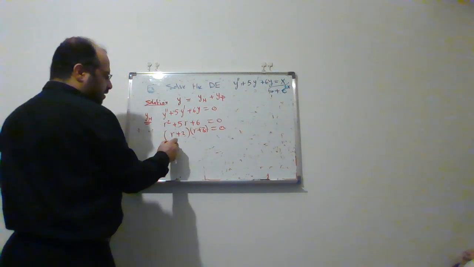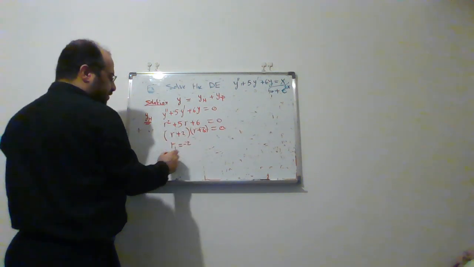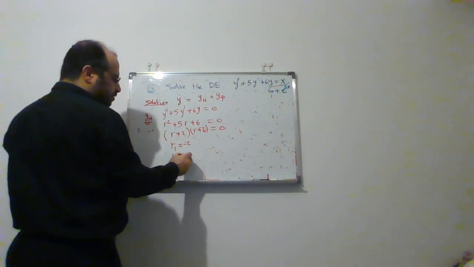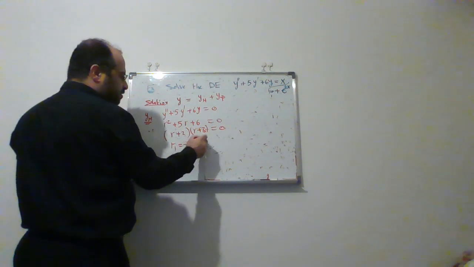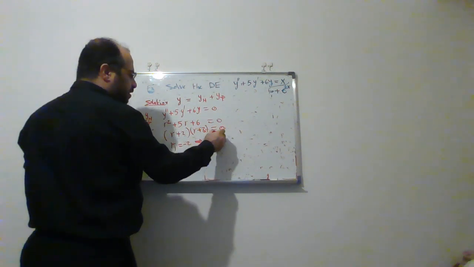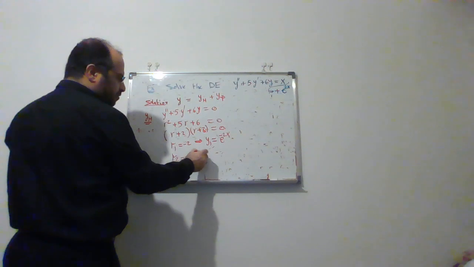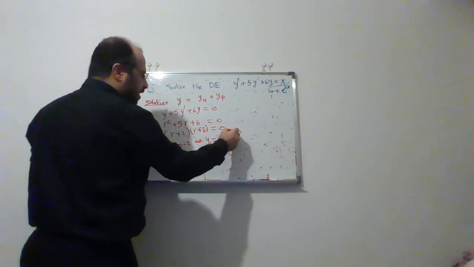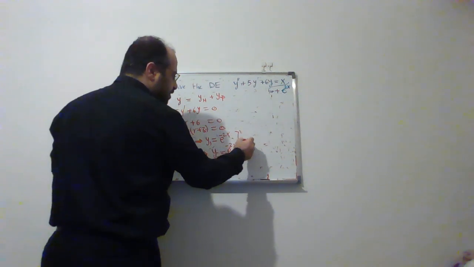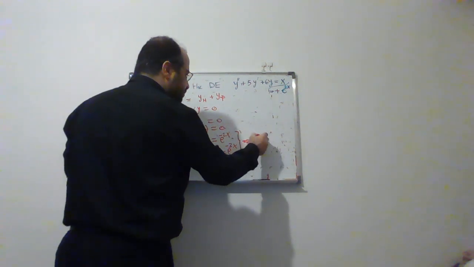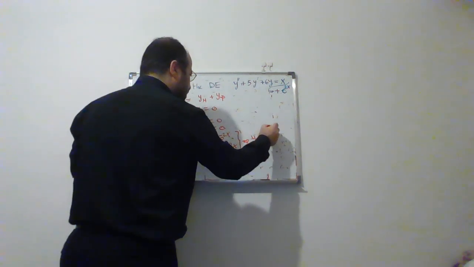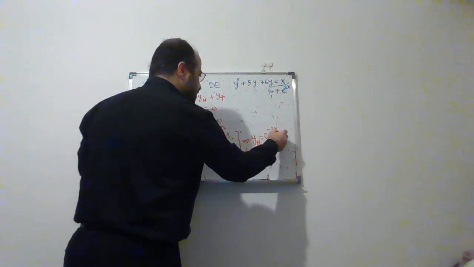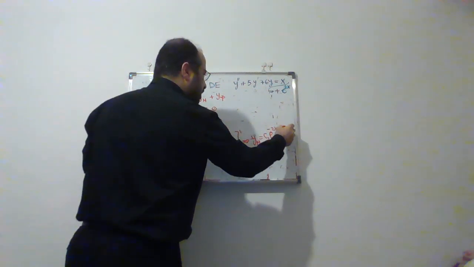Then r1 equals minus 2 and r2 equals minus 3. From this you get y1 equals e^(-2x), and y2 equals e^(-3x), so y homogeneous is c1 e^(-2x) plus c2 e^(-3x).